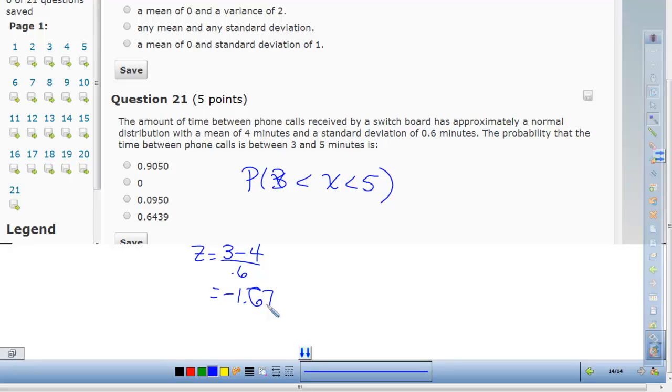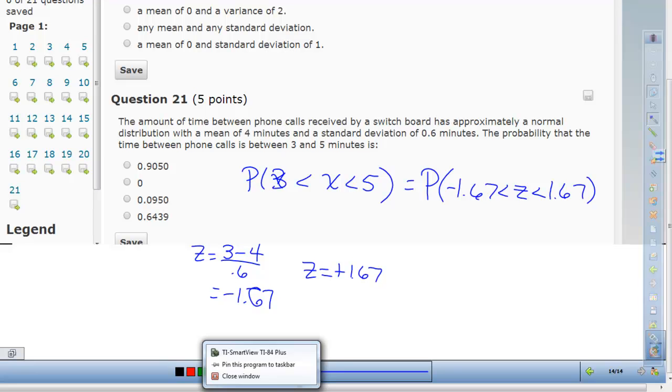Since 5 is 1 unit above the mean, I don't have to do a whole bunch of work. I know z is going to be positive 1.67. The mean is 4, and 3 and 5 are the same distance from the mean, except one is negative and one is positive. So we're talking about the probability that minus 1.67 is less than z is less than positive 1.67.